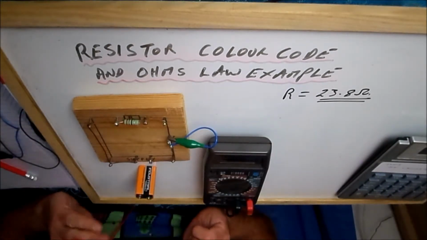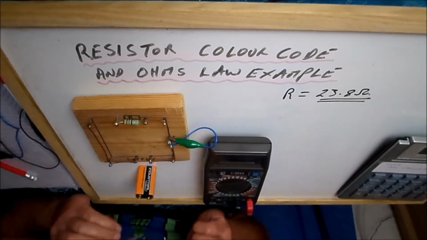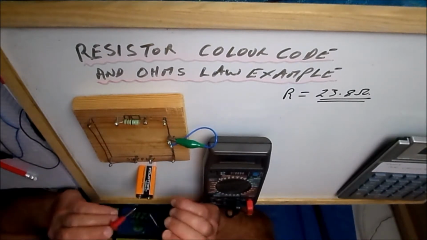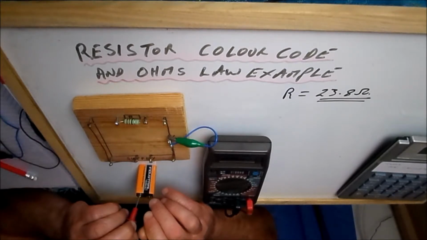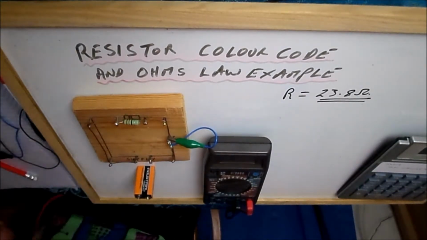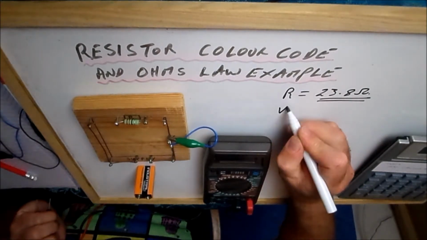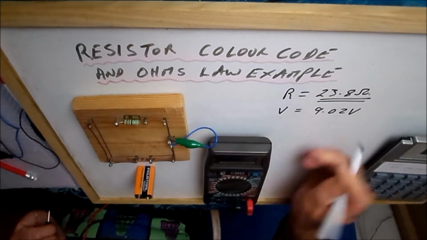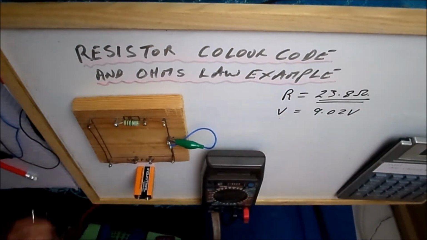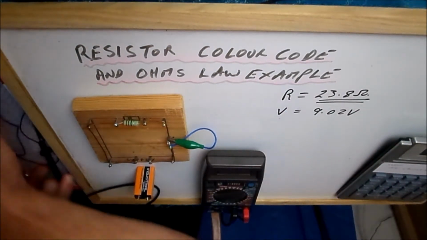So let's have a look at this circuit then. Now we're going to measure the voltage of the battery. We know it's going to be approximately 9 volts. So let's test it. And that's got 9.02 volts. So we know our voltage for the circuit is going to equal 9.02 volts. And then we're going to reconfigure the meter in a second.